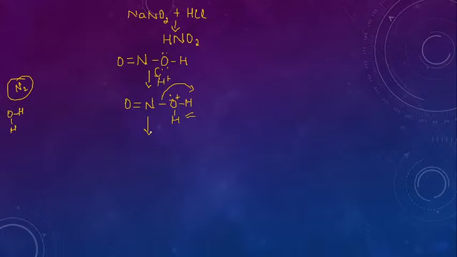When H2O is removed, the remaining is N double bond O, and since the bond is cleaved between nitrogen and oxygen, the nitrogen atom gets a positive charge. This is called the nitrosonium ion. Is it clear? Yes, it's clear.